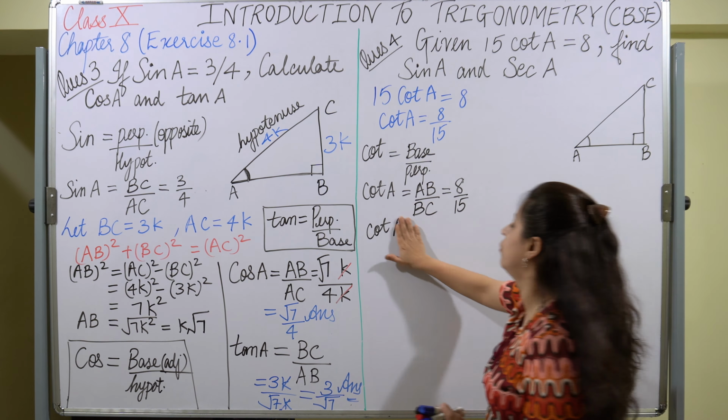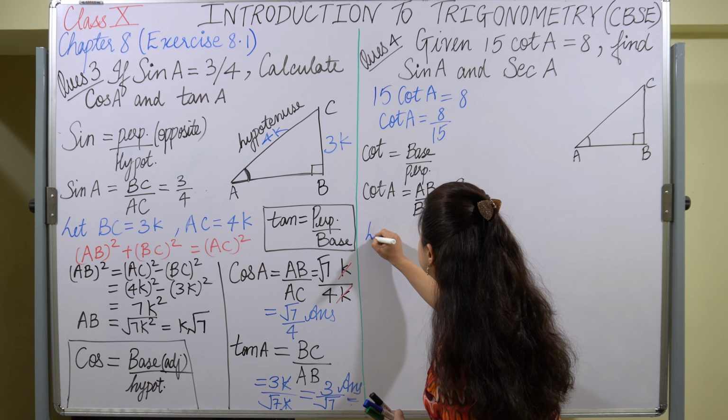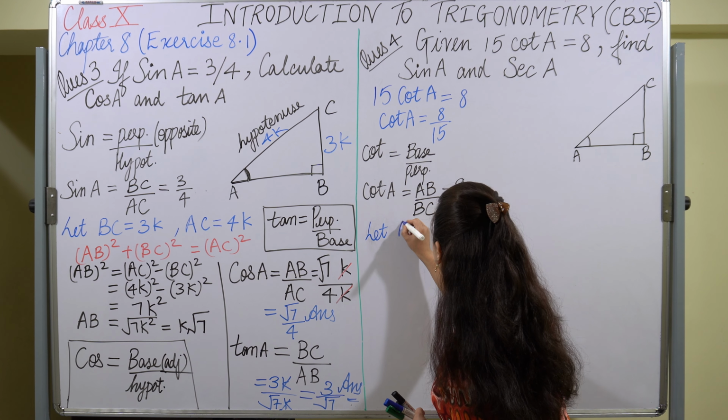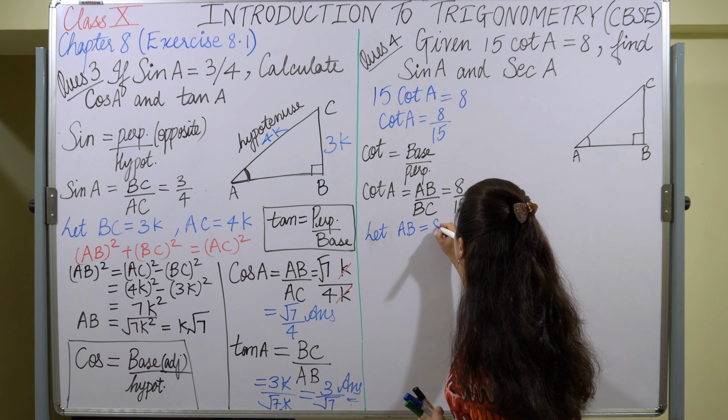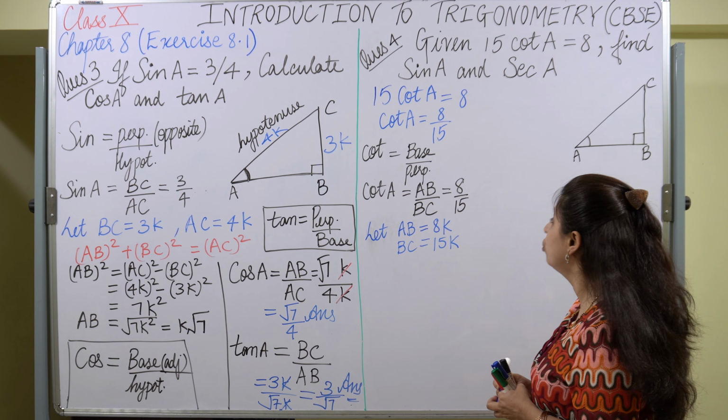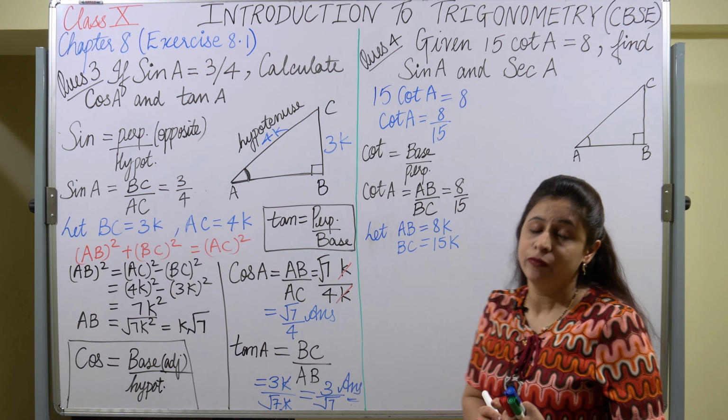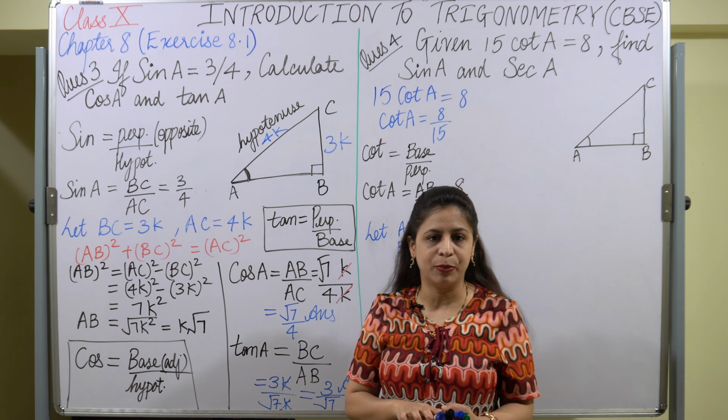So let us assume AB to be equal to 8K and BC to be equal to 15K. Now we are given 2 sides, we don't know the third side, the hypotenuse. So we will find out the hypotenuse value with the help of Pythagoras theorem. Okay, so let us find out.